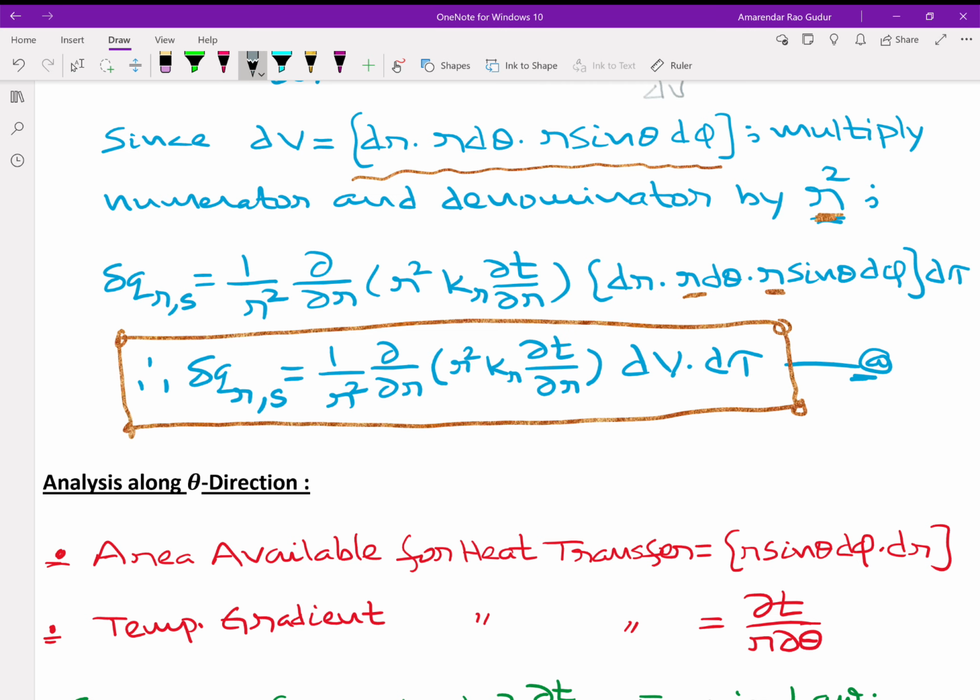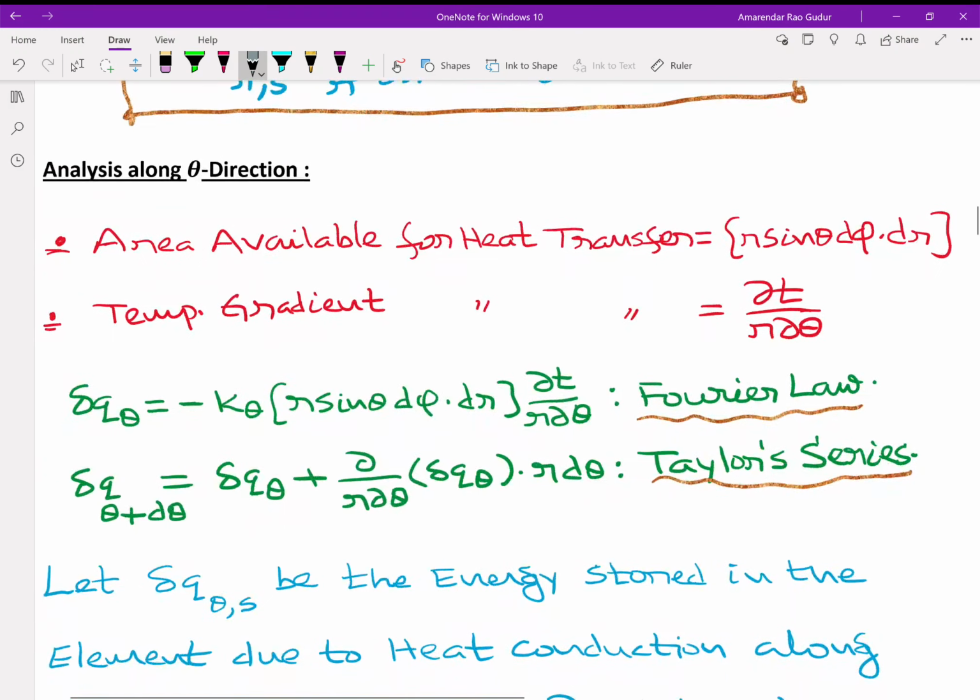Similarly, we carry out the analysis along theta direction, and the area available for heat transfer is the product of remaining two dimensions, that is r sin theta d phi into dr, and temperature gradient available is del T by r del theta. And remember, the dimension along theta direction is r del theta, therefore the gradient becomes del T by r del theta.